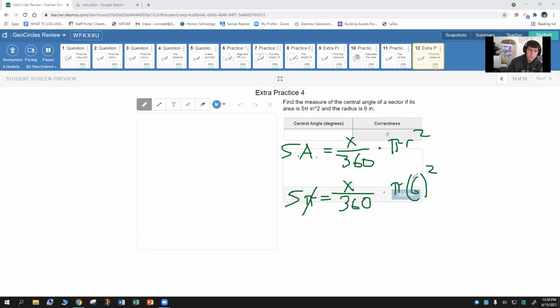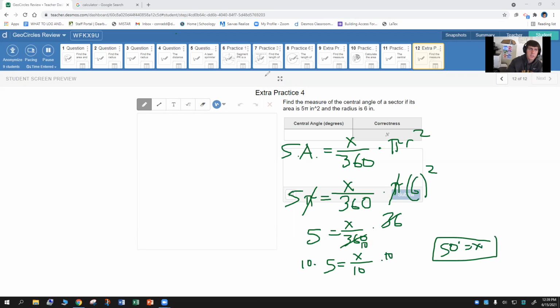We can divide both sides by pi. We get 5 equals x over 360, and 6 times 6 is 36. Again, we can reduce this to 10. 36 divided by 360 is 10. So we get 5 equals x over 10, and then we can multiply both sides by 10. And we get 50 degrees equals the measure of our central angle.